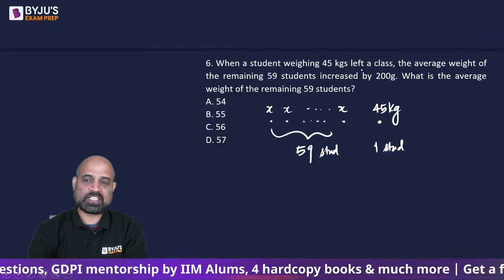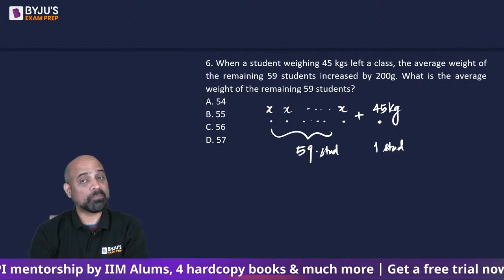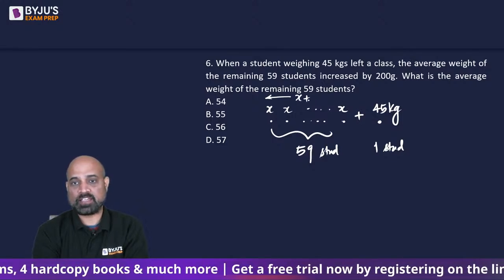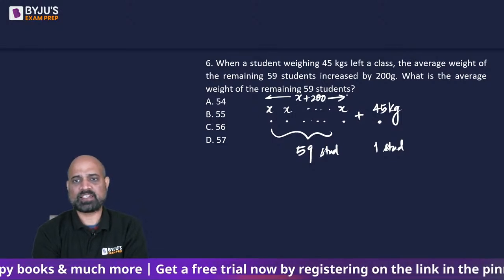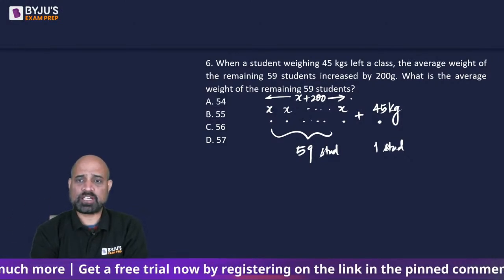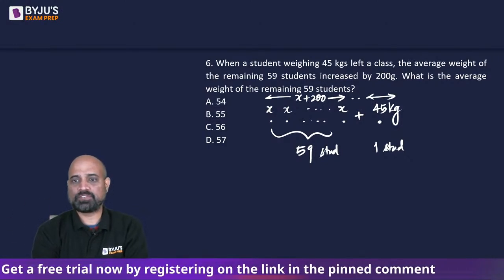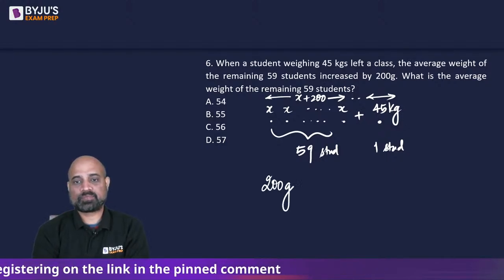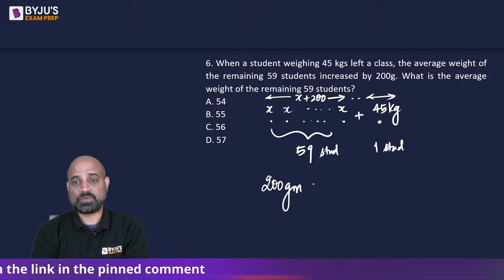If I do the vice versa, if I bring him back, we can say that the weight of each one of them will increase by 200 gram. As in, everyone's weight will be 200 grams more, including the guy himself. So that 200 gram is for 60 students, right?